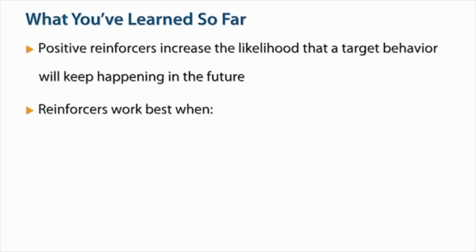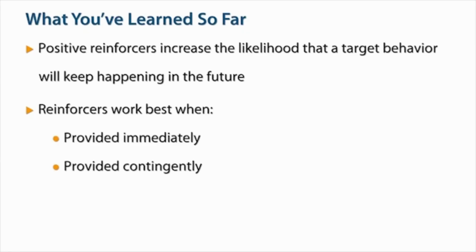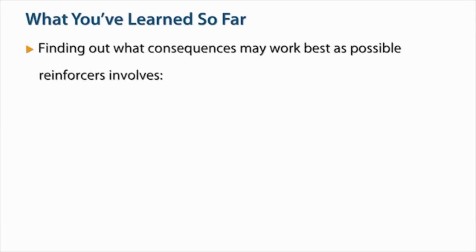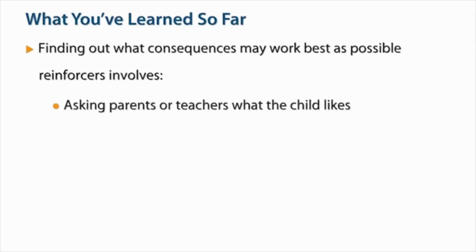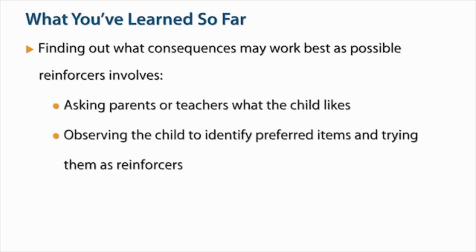Reinforcers work best when they are provided immediately, provided contingently, that is, when they are provided only when the target behavior is performed correctly, and not provided for incorrectly performed target behaviors, and when the child is properly motivated to receive the reinforcer. Finding out what consequences may work best as reinforcers involves asking others what the child likes, observing the student to see what he or she likes, conducting a preference assessment.